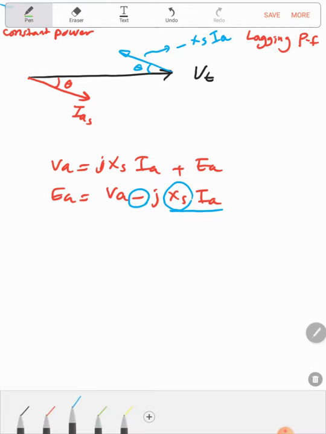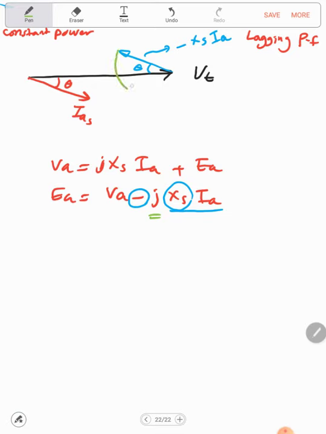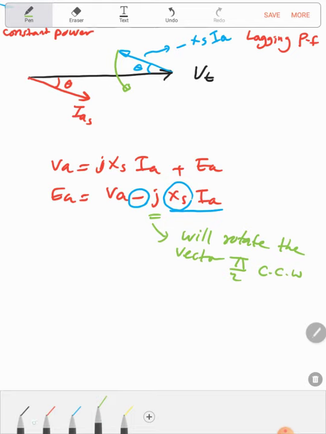Now the J operator here will rotate the vector 90 degrees, or pi over 2, in the counterclockwise direction. So it will be somewhere here.